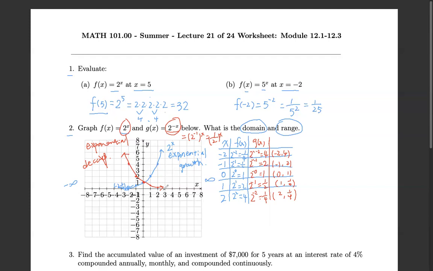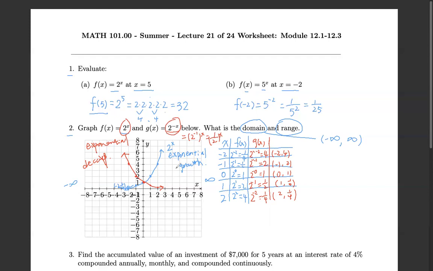So the red one is opposite, but the domain is the same. The domain takes all real numbers of x. So the domain is all real numbers. We represent it with interval notation, going from negative infinity up to positive infinity.